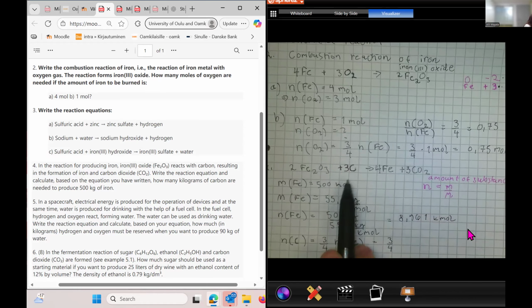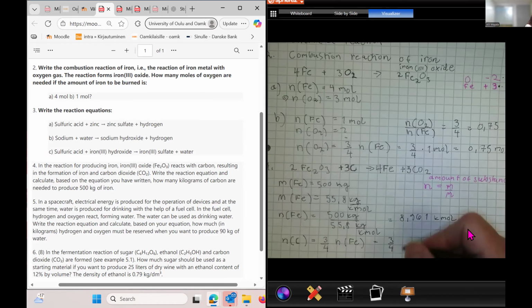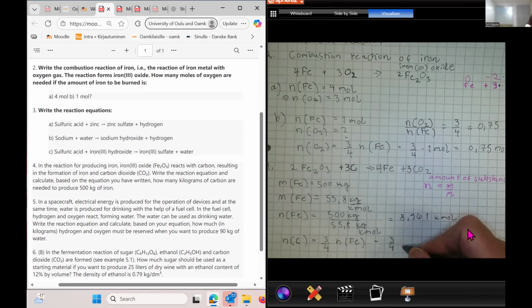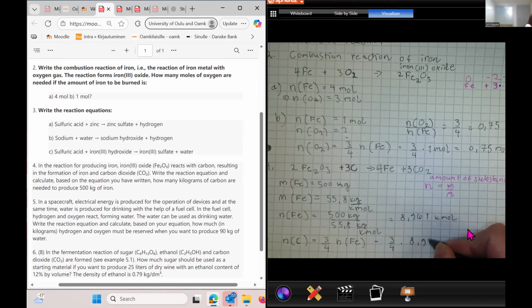So it's like 0.75 times this, yes. You can see it from the equation here. If this is 4, this is 3. But I can mark it as 0.75 or 3 divided by 4. Okay, moles.